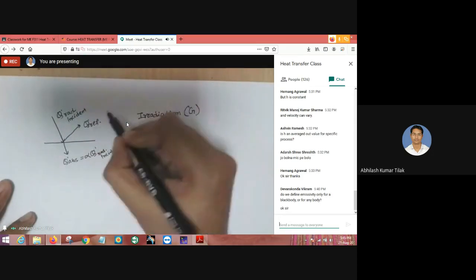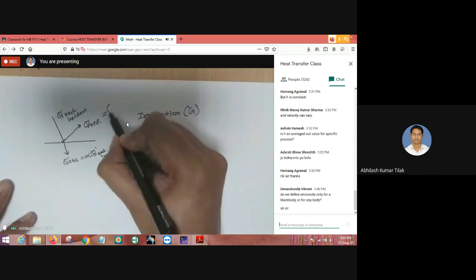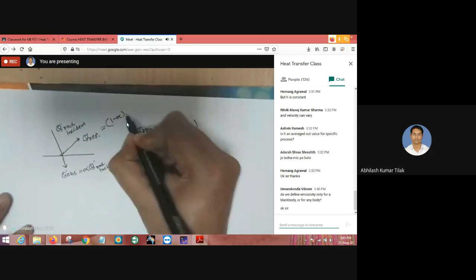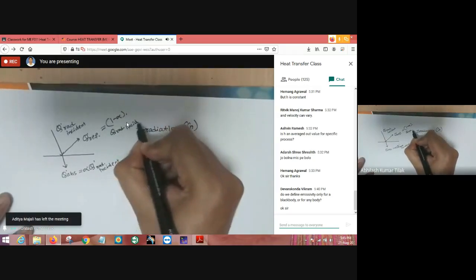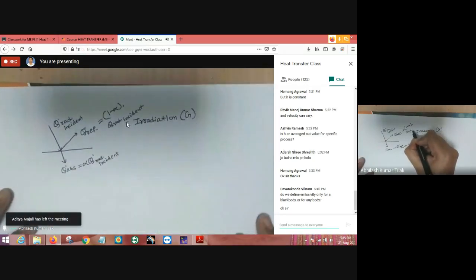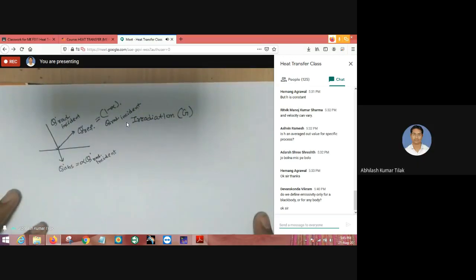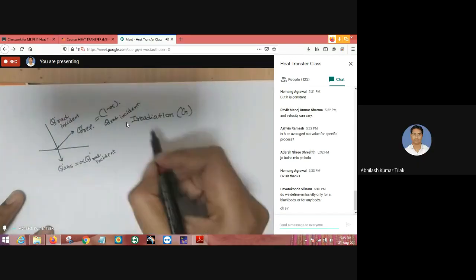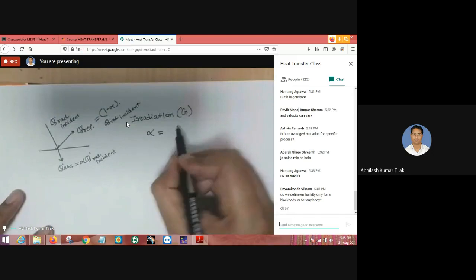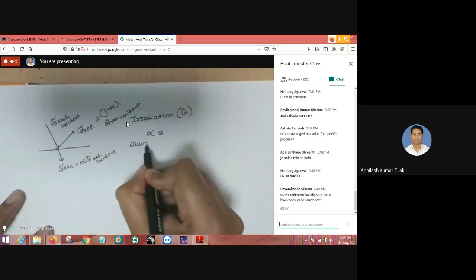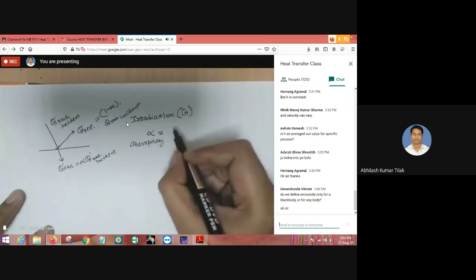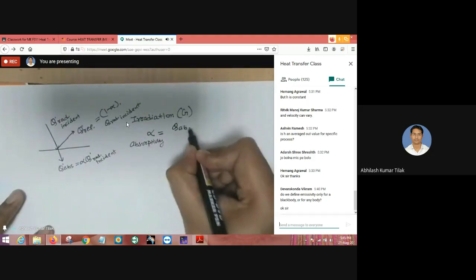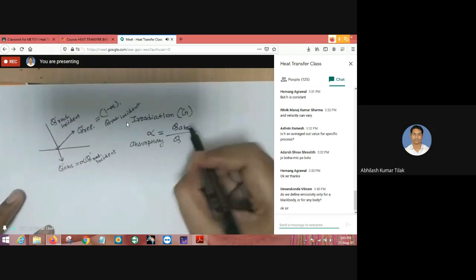And you can have Q reflected as 1 minus alpha into Q radiation which was incident. So here we define this property absorptivity as alpha equal to Q absorbed by Q incident radiation.